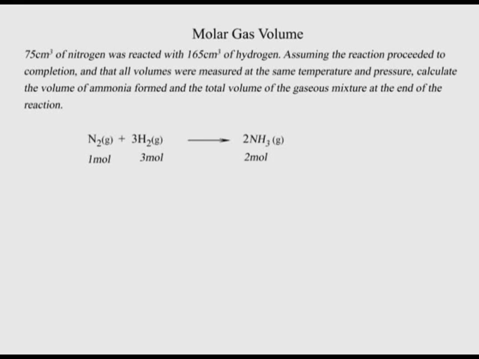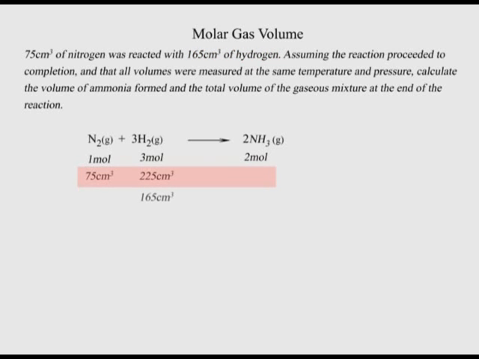We put in the volumes. Assuming all the 75 cubic centimeters of nitrogen reacted, we would need 3 times that volume for hydrogen. That is 75 times 3, which is 225 cubic centimeters. But then, we only have 165 cubic centimeters of hydrogen, and so hydrogen is the limiting reagent.